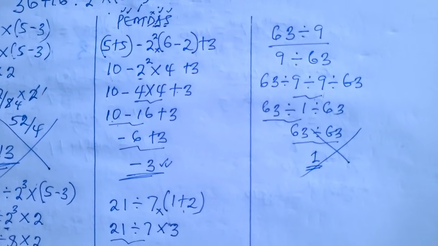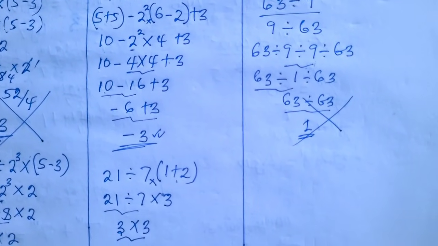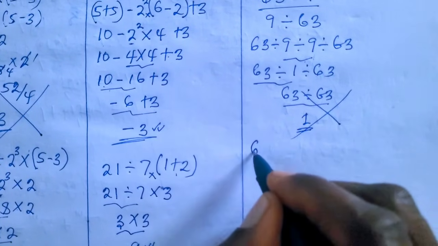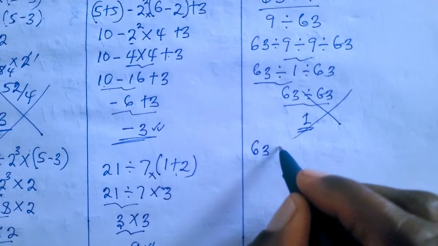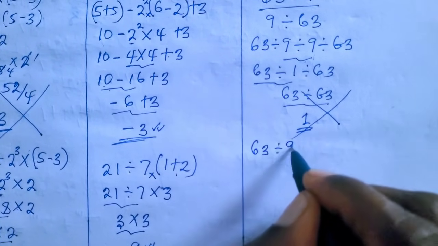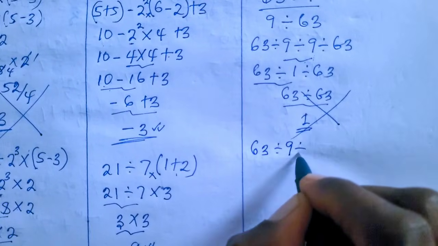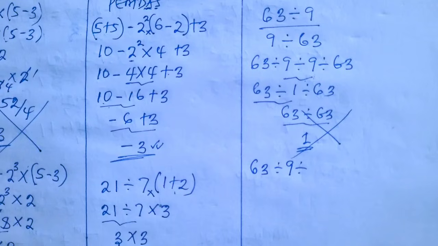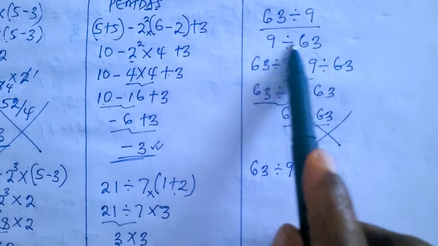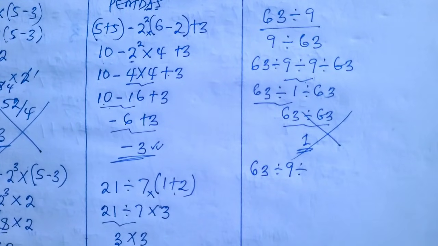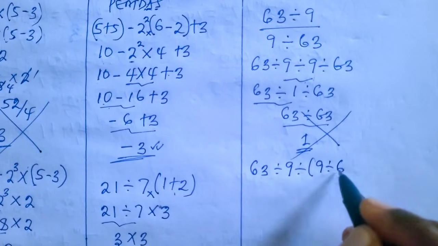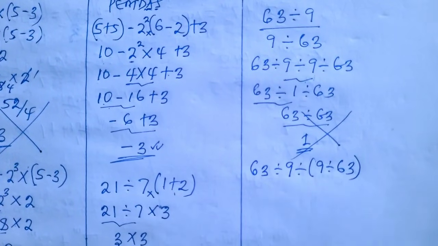Now, to get this right, we are going to consider this. We have here 63 divided by 9 divided by 63. To get this right, the expression in the denominator should be enclosed in parentheses, and with this you are going to have here 9 divided by 63.